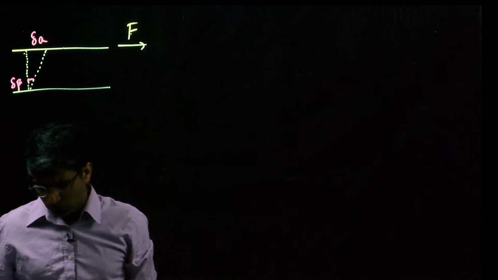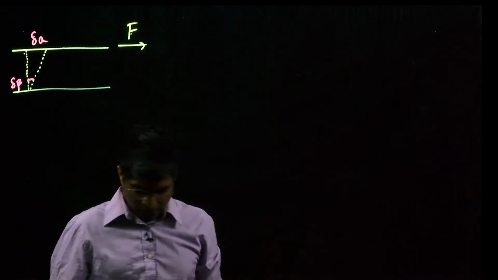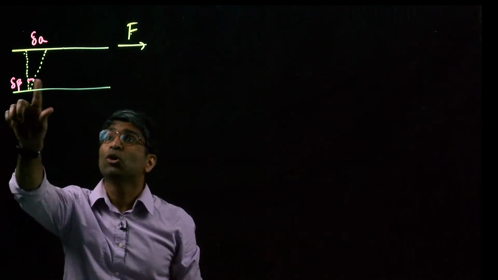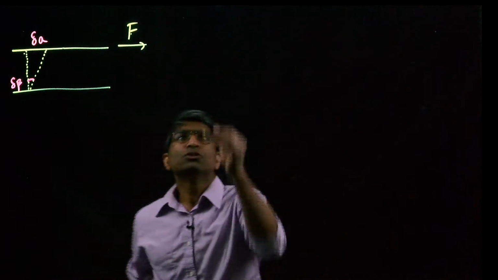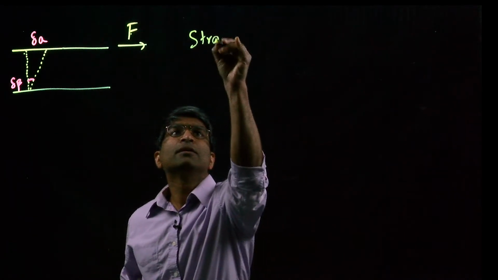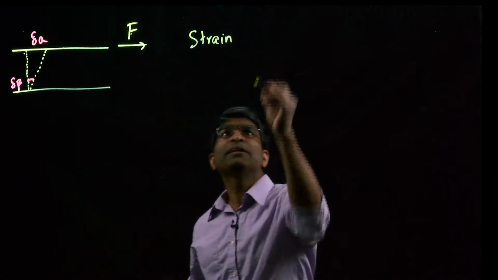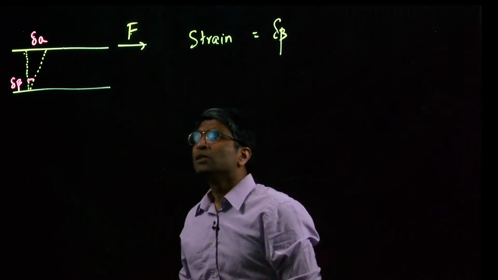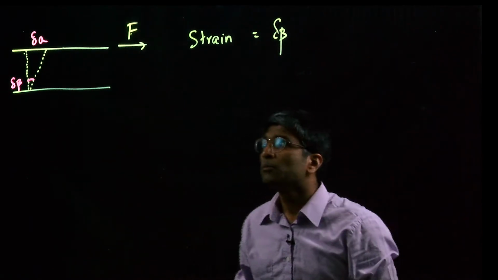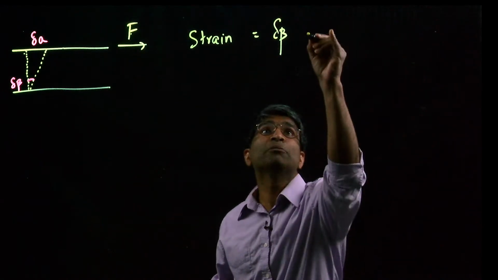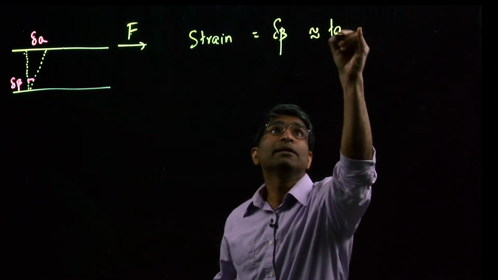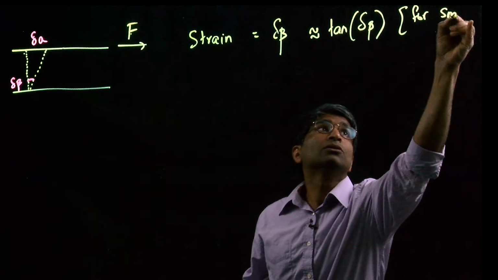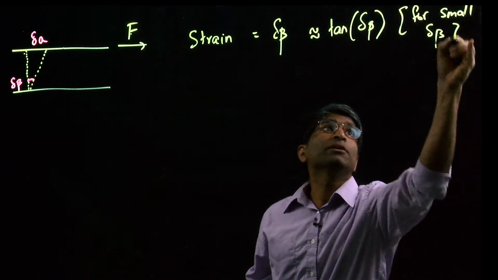So one way to define the strain here is just the angle of deformation. So I could call my strain delta beta, which for small delta beta would be the same as tan of delta beta.